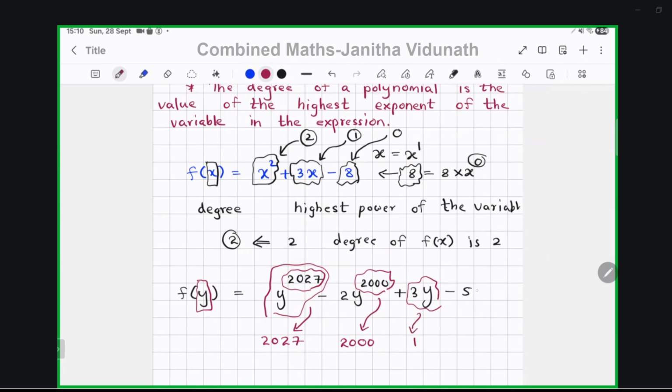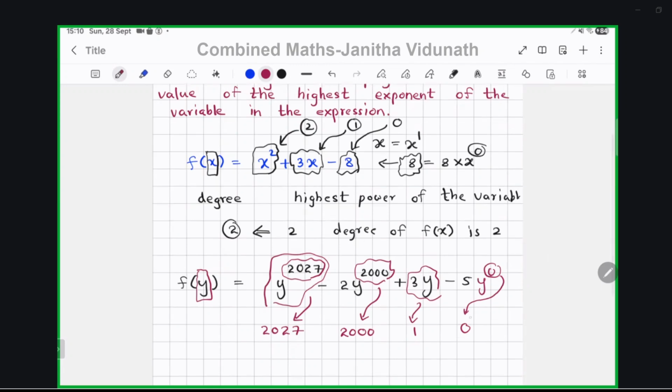And the last term we can write as 5 times y to the power 0, so the power of the last term is 0.